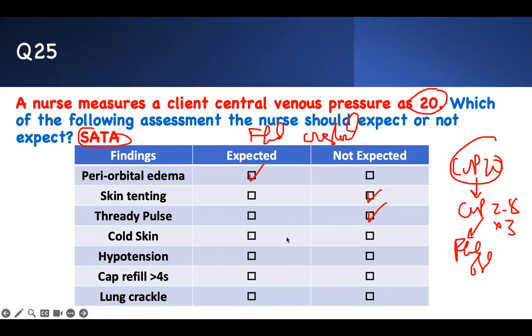Their skin is not going to be cold. They're not going to be hypotensive. Their capillary refill will be less than 2 seconds. They're not dry. Their lungs will sound crackled. So this is fluid deficit. You have to master this information, fluid deficit and fluid overload information. Okay.